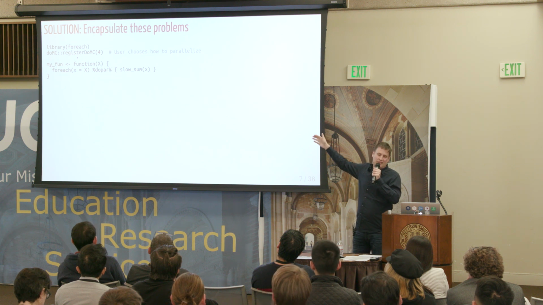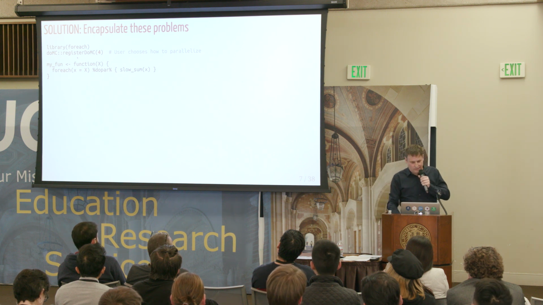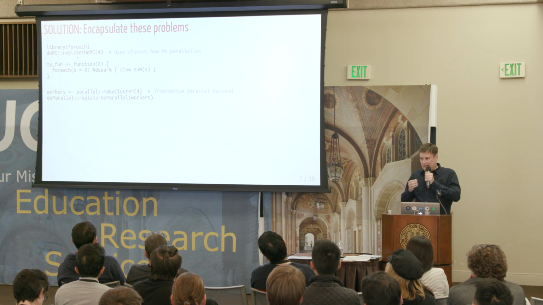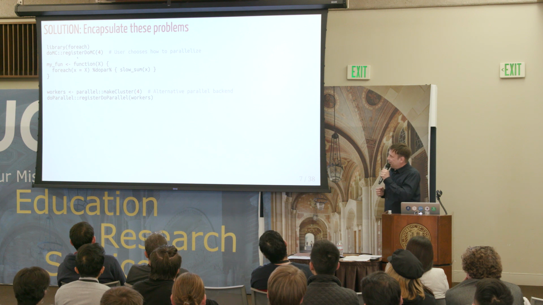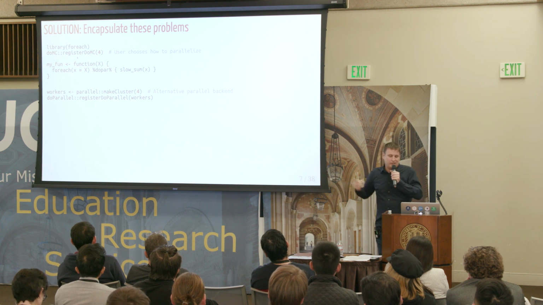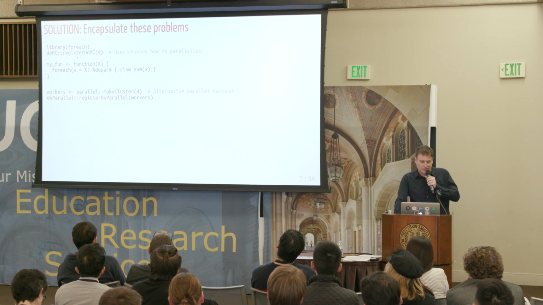For each element in capital X, you calculate slow_sum. And then if a Windows user comes around, before calling your function they can do this. They create 4 background workers and use those for parallelization.